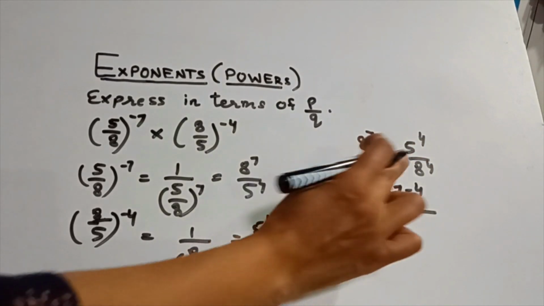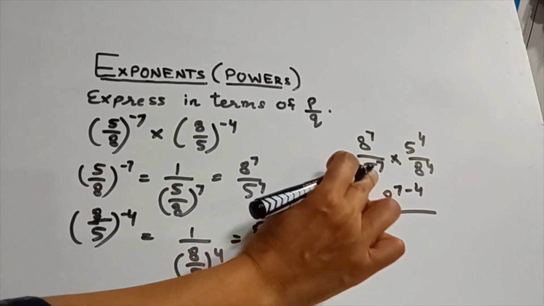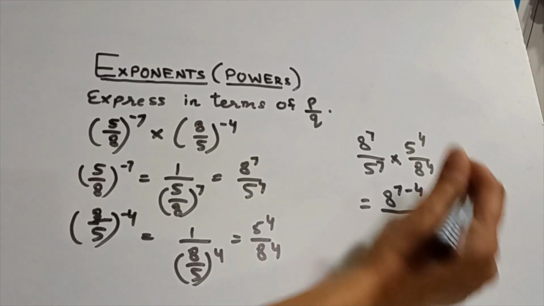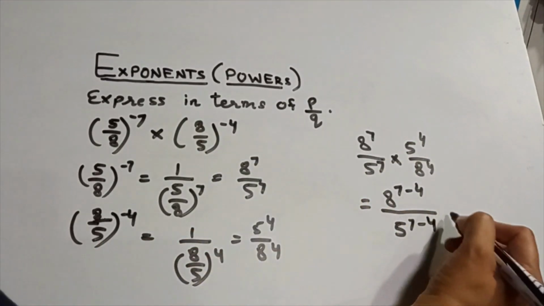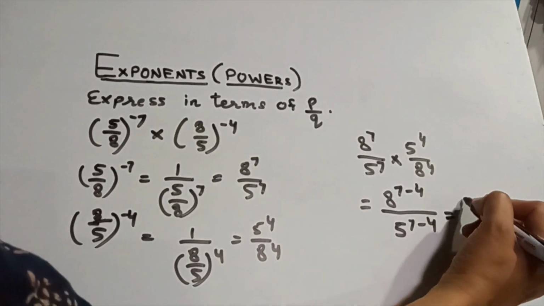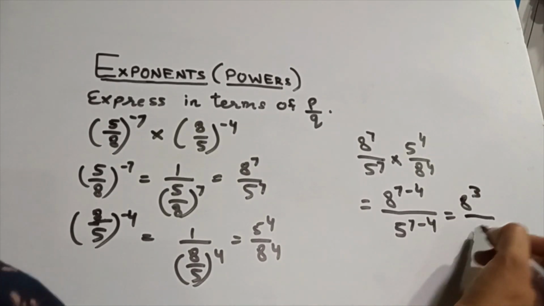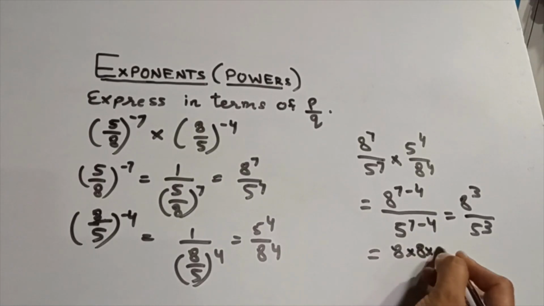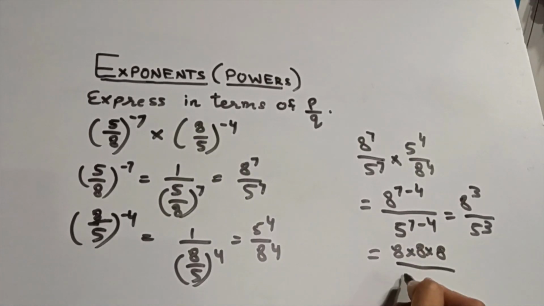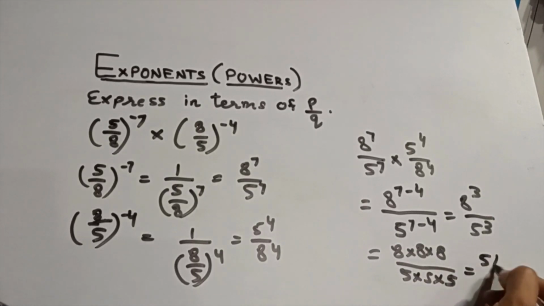Here also 5 raised to 7 and 5 raised to 4. The base is same, so we'll subtract the powers. 8 raised to 3 upon 5 raised to 3. 8 into 8 into 8 upon 5 into 5 into 5, which is nothing but 512 upon 125.